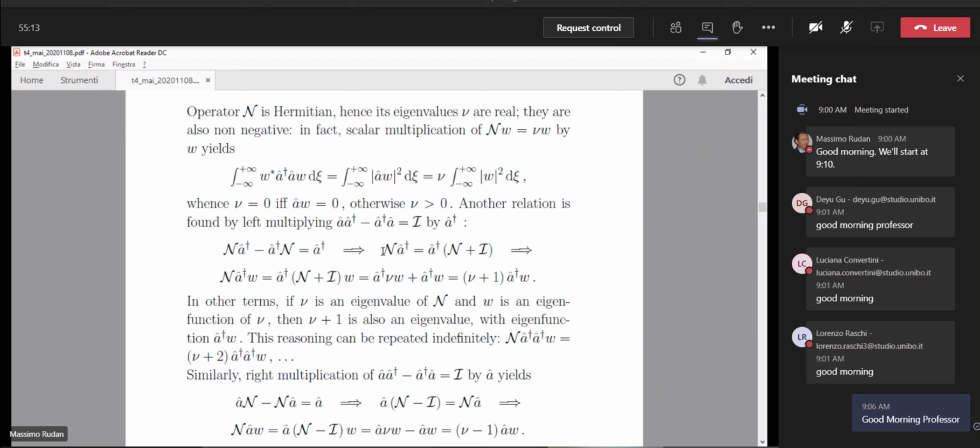Let's see what happens. We take N A dagger and apply it to W. Then we exploit the form of the right-hand side.